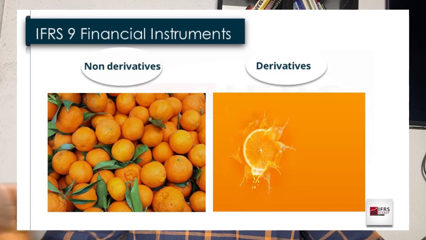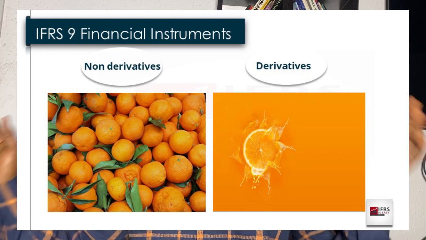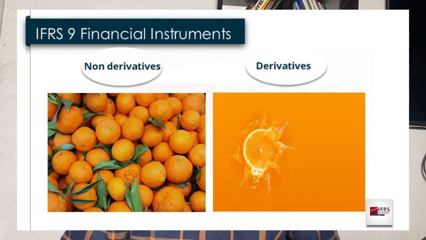Our financial instruments can be split into two. We have the derivative part of our financial instrument, and we have the non-derivative part. Now, when we say derivatives, for example, look at this picture we have here. You will see oranges here, and you will see juice that has been extracted out of those oranges.